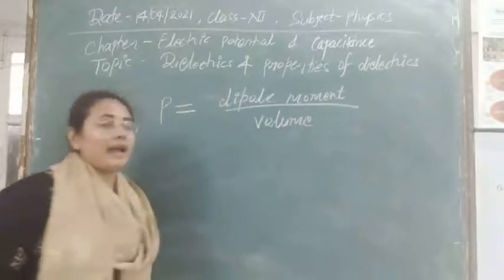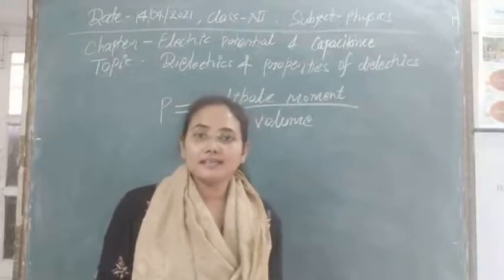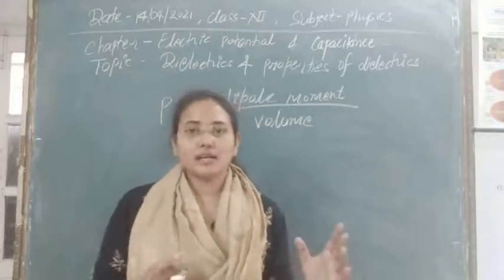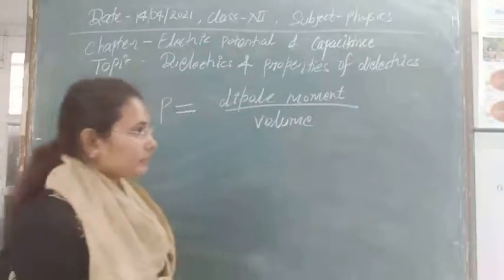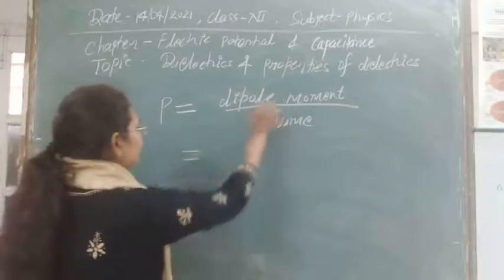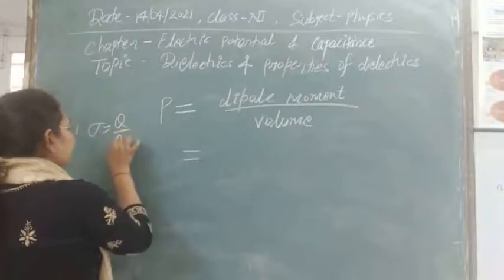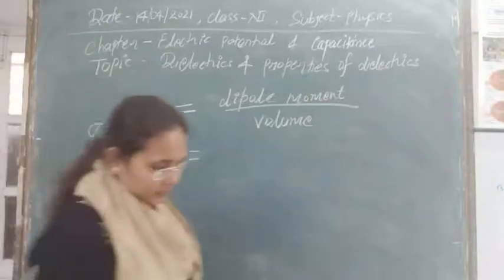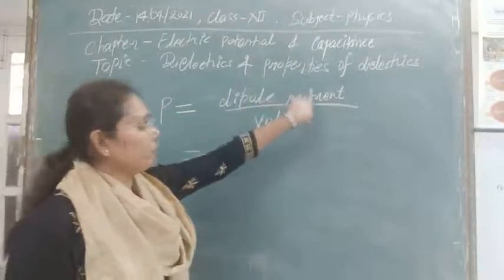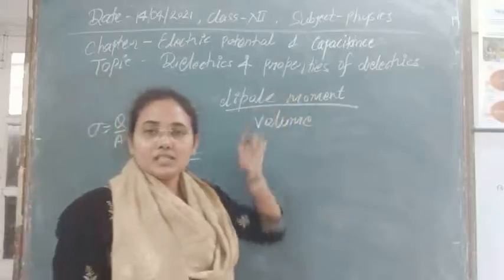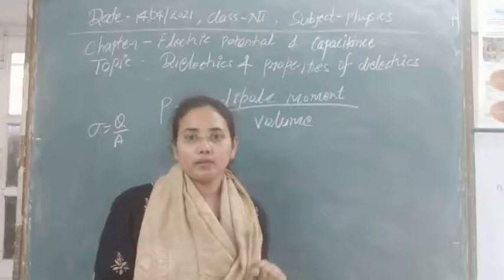Suppose we have a rectangular slab in which the charge density is sigma, and Q charges are distributed uniformly there. If A is the area of the plate, then we can write sigma is equal to Q over A. Then we can put in the place of dipole moment, as you know, that dipole moment is charge into the distance between the two charges forming the electric dipole.